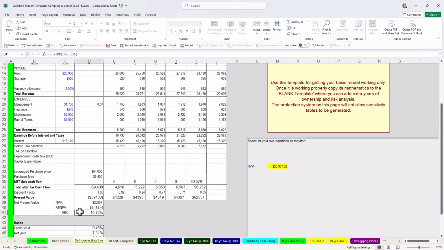We have 16.72% as the IRR. A very common mistake that students will make is to use the PVs, the present values, rather than the FVs. It's a common mistake, but one that you don't want to make, obviously. So just remember that. Always use the future values when you're working out the IRR.